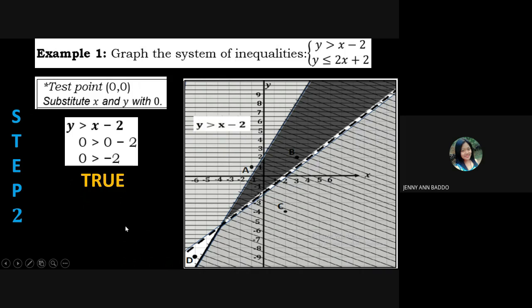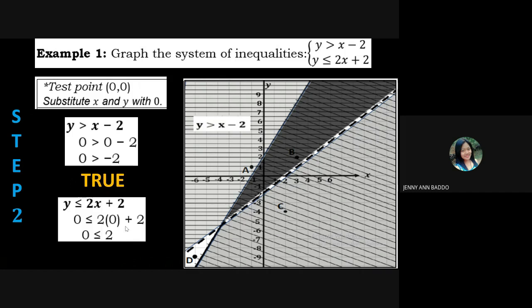And then, using the second linear inequality, y is less than or equal to 2x plus 2, and substituting (0, 0), we have 0 is less than or equal to 2 times 0 plus 2. Therefore, 0 is less than or equal to 2. And of course, that statement is true.